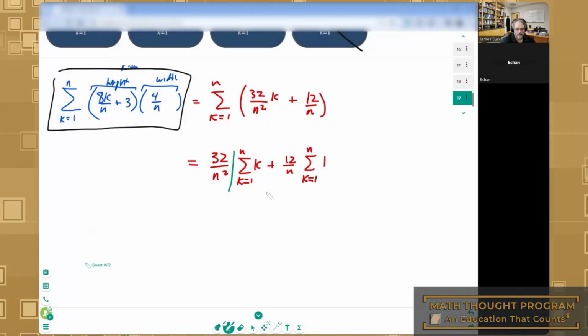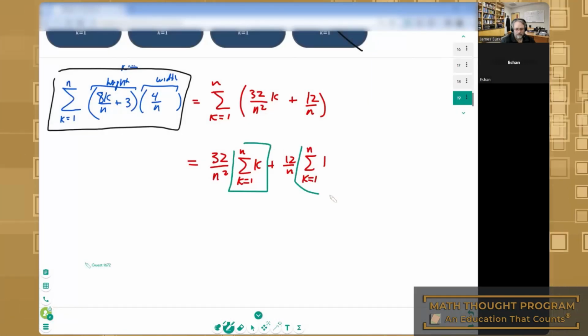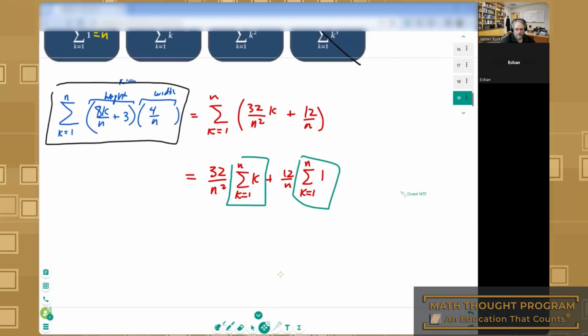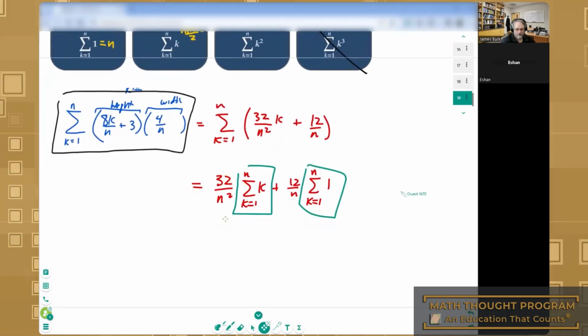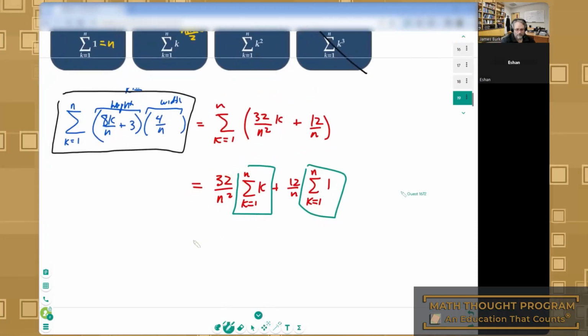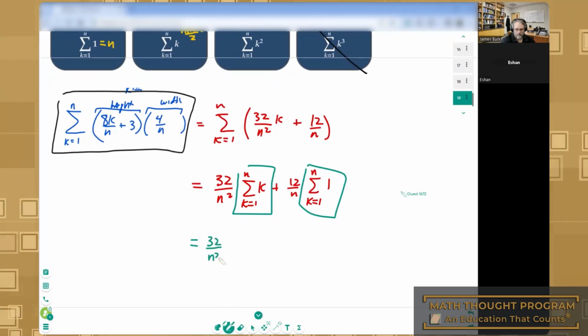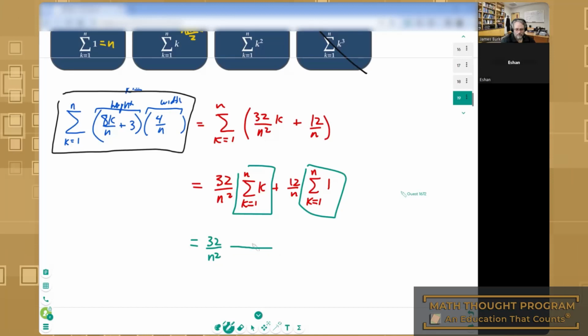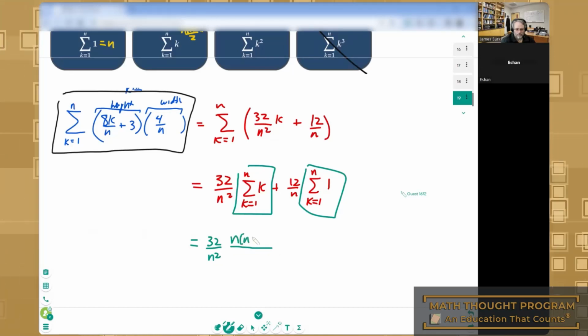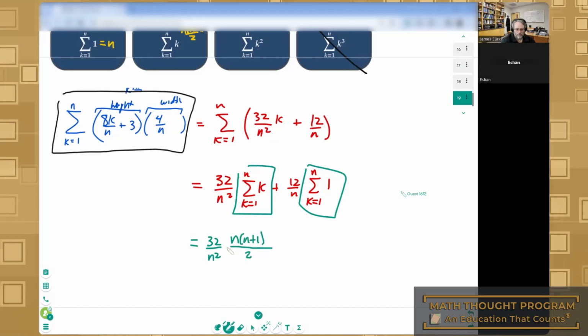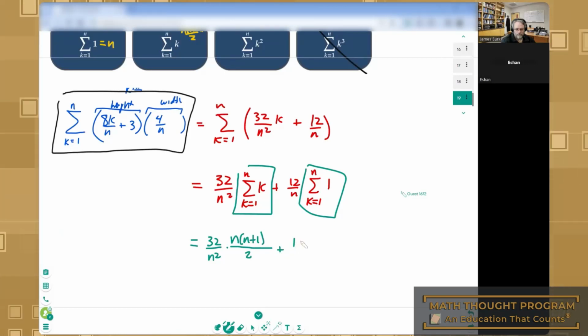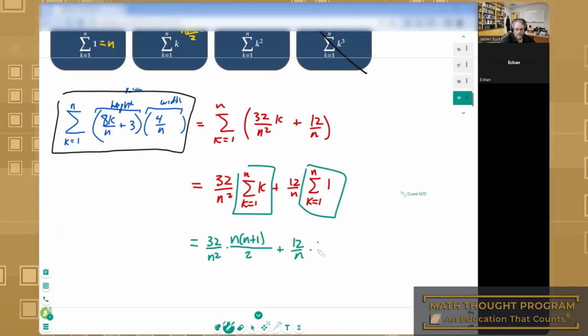Then you're going to replace these values with their special identities up here. Just like that.